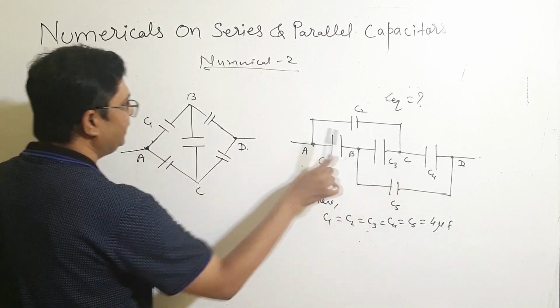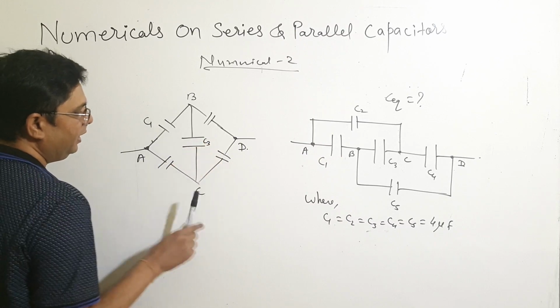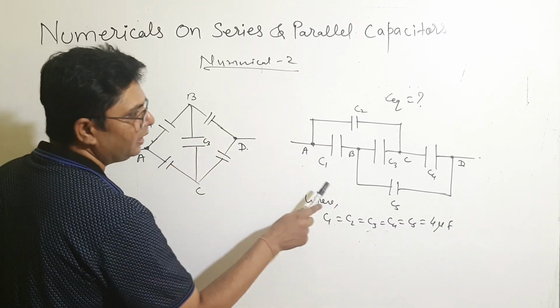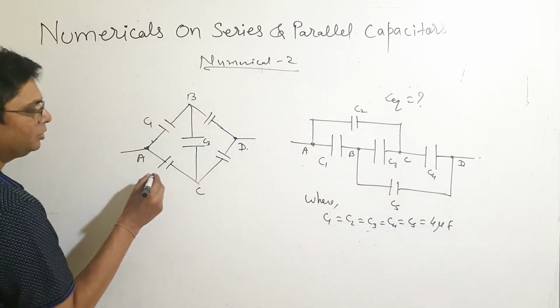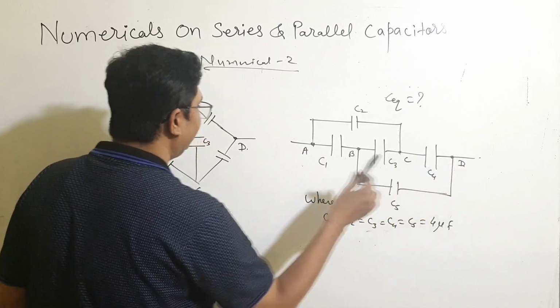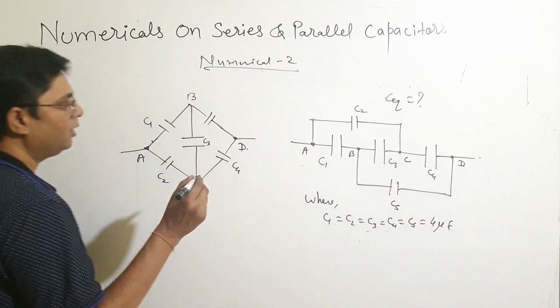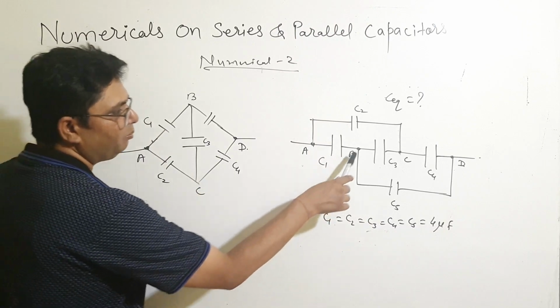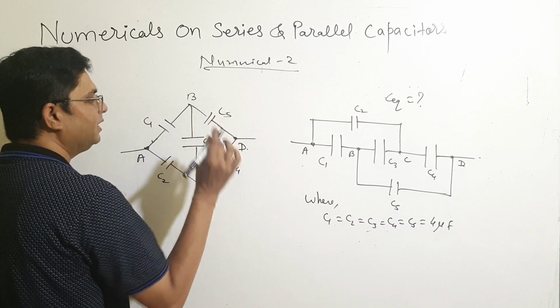Between B and C the capacitor is C3. Between A and C this is the C2 capacitor, between C and D it is the C4 capacitor, and between B and D this is the C5 capacitor.